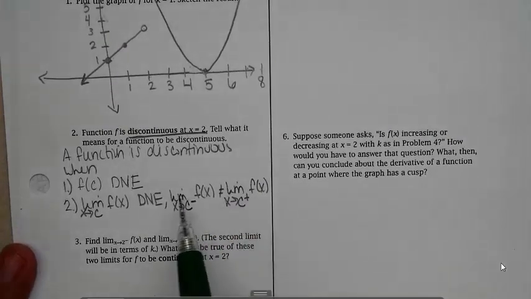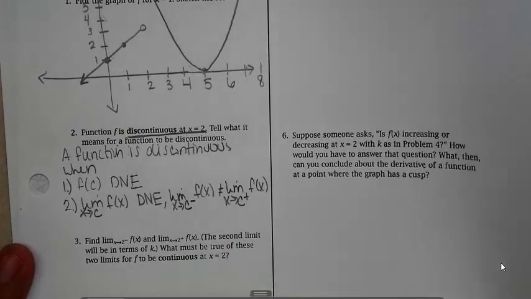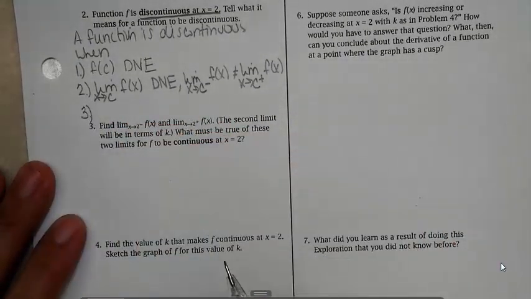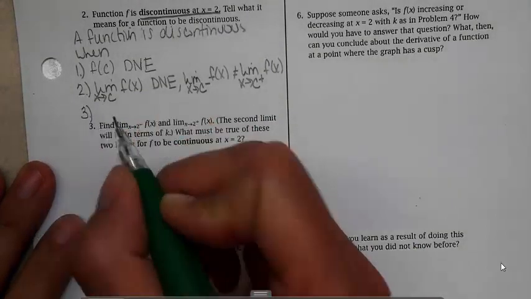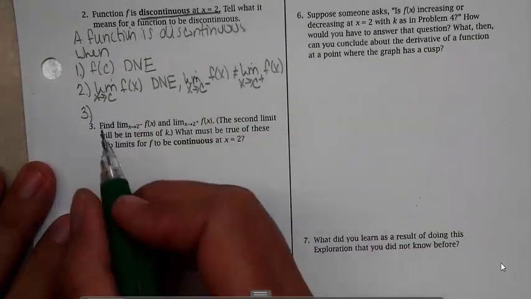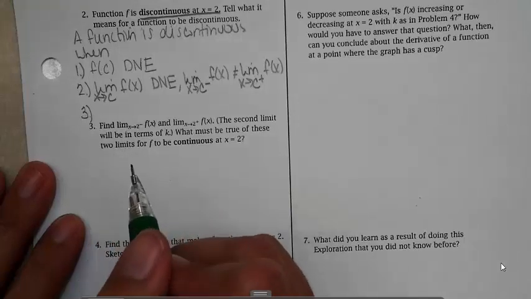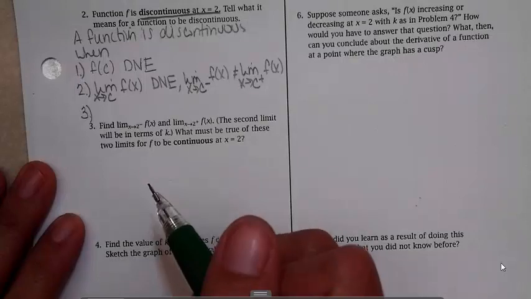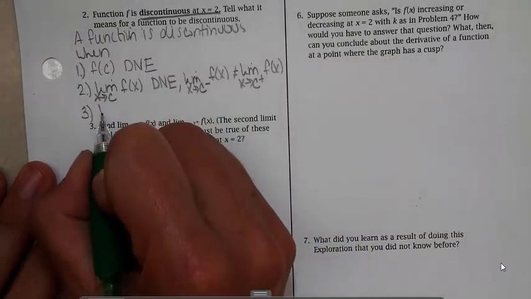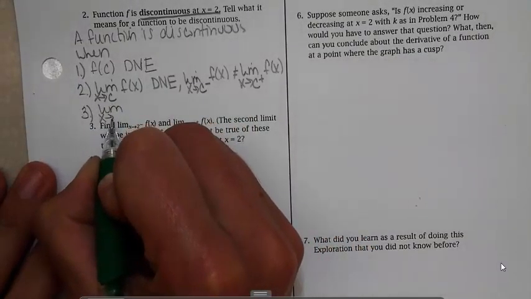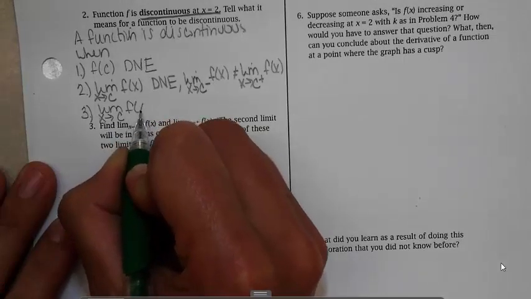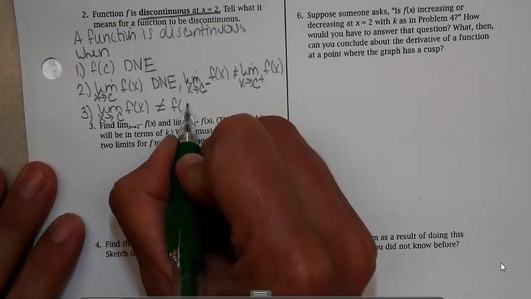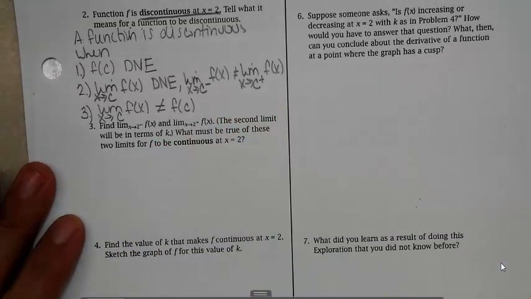Hopefully you know this. This was on your test, chapter 1. And three, the limit as x goes to c of f of x is not equal to the actual output value f of c.